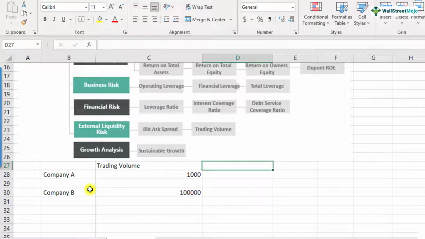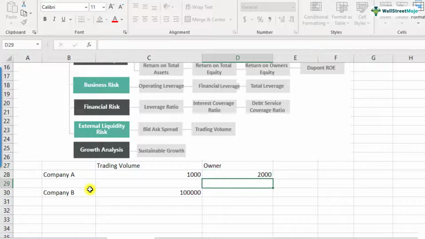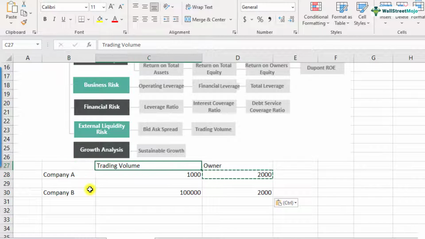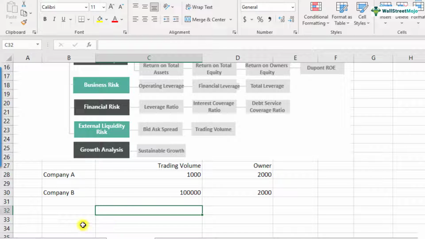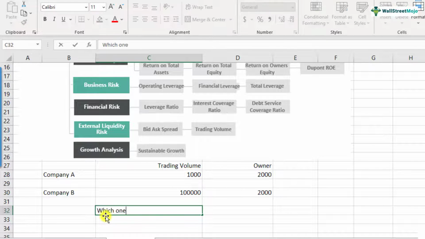And let's say you are the owner of 2000 shares of both the companies. So you own company A and company B, and you have 2000 shares of each one of them. Now my question is, which one is easier to sell?